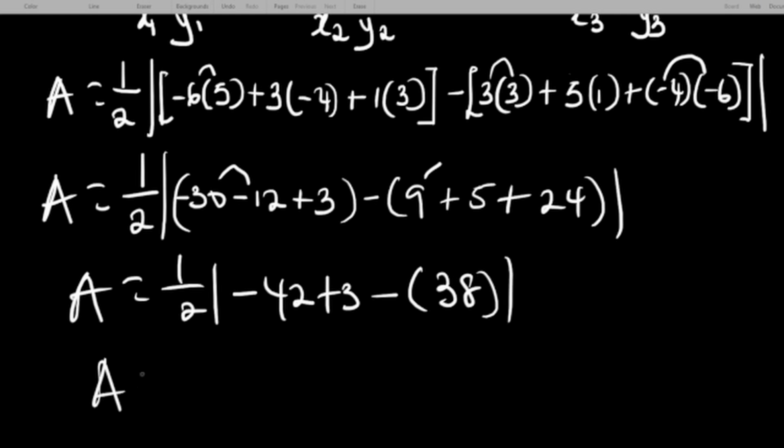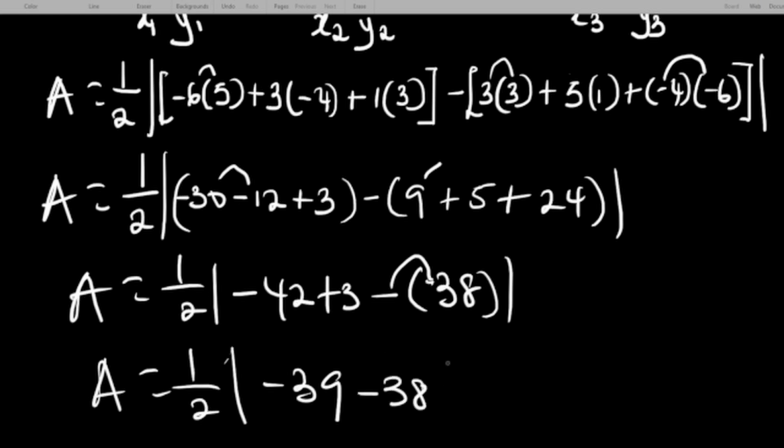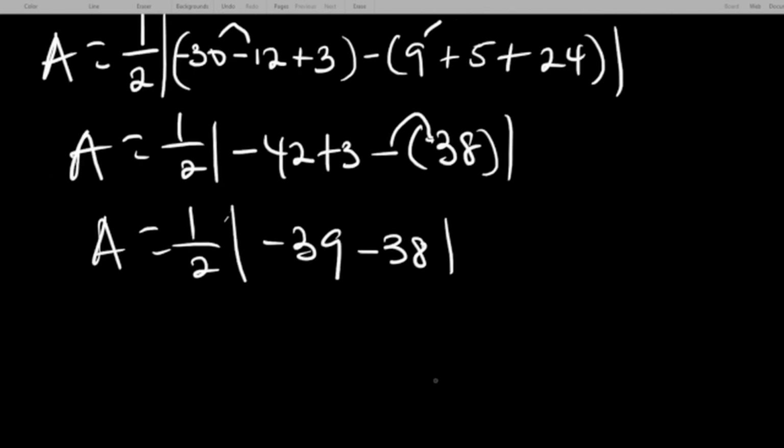Again, we have the area equals 1/2. Negative 42 plus 3 is negative 39. The negative times the positive 38 gives us negative 38. Remember that the answer must always come out as a positive value. Then we have that the area equals 1 over 2. Then negative 39, negative 38 equals negative 77.